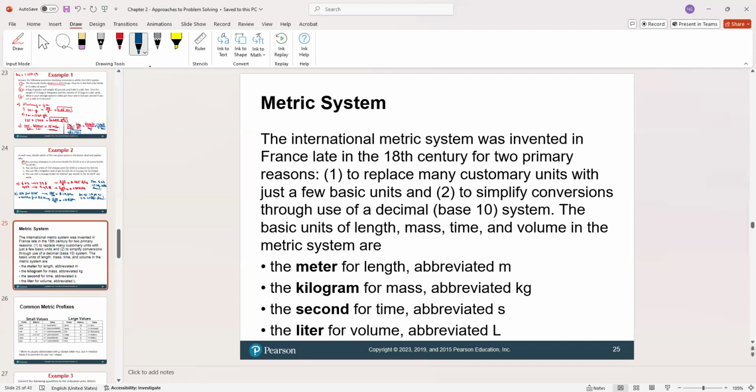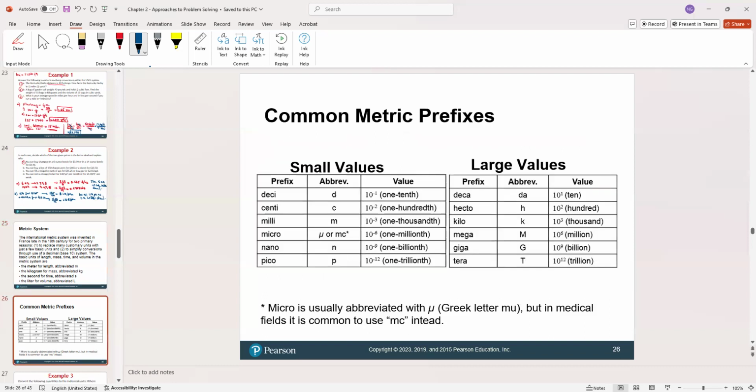Common metric prefixes for us, we really start with something like ton, quintal, megagram, kilogram, hectogram, decagram, gram itself, decigram, centigram, and milligram.